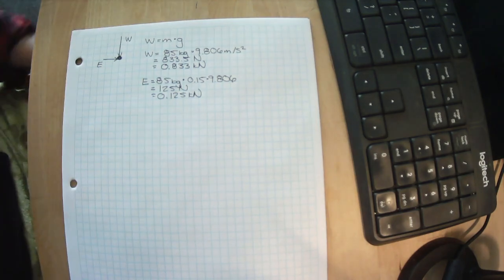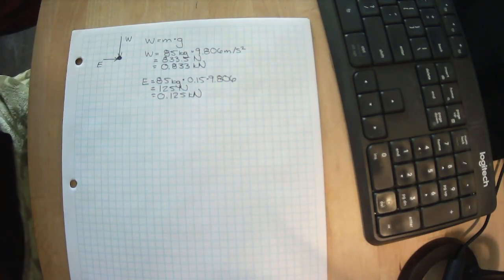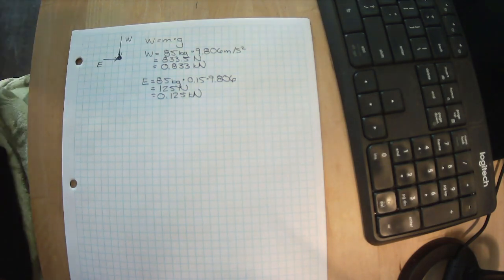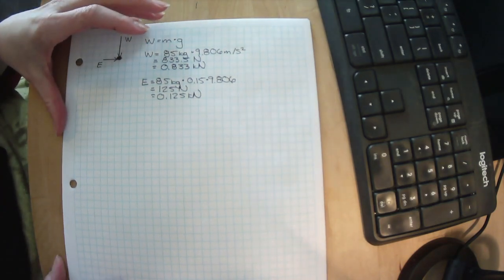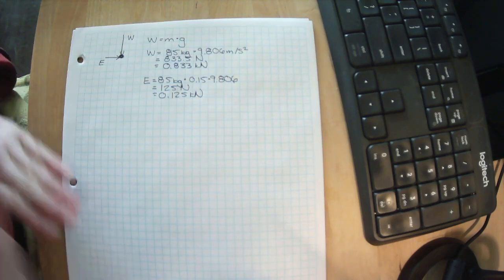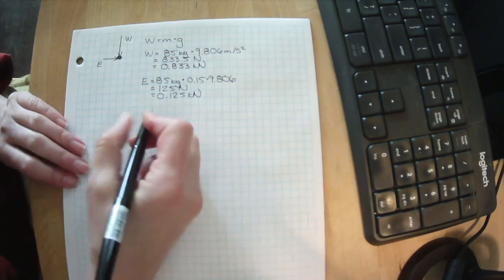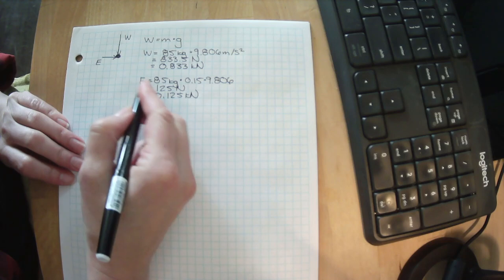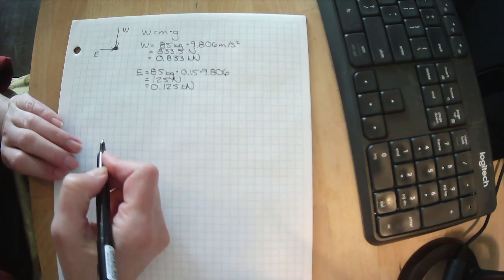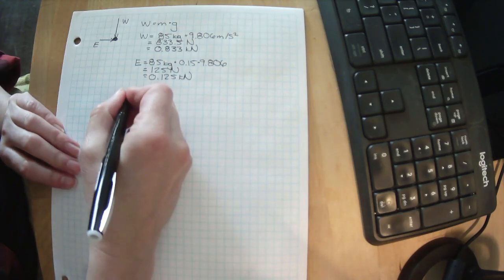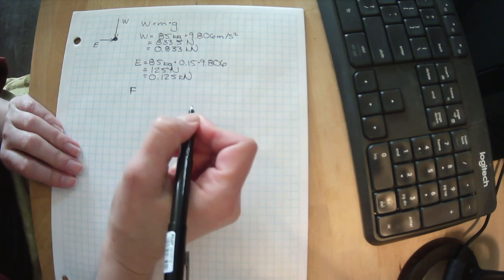We want to know what the reaction is to resist this. Now, I'm going to draw it this way. So we want to know what the total force acting here is.